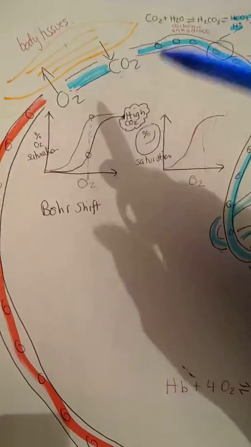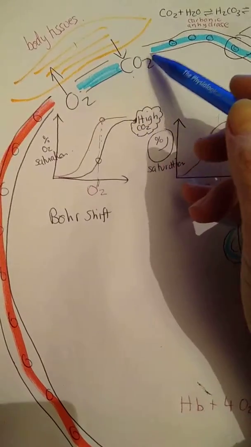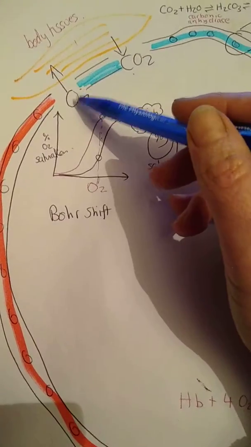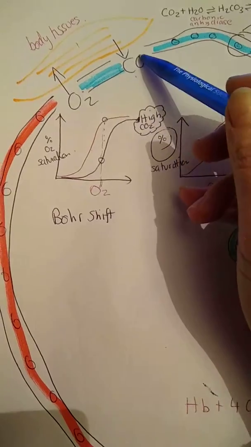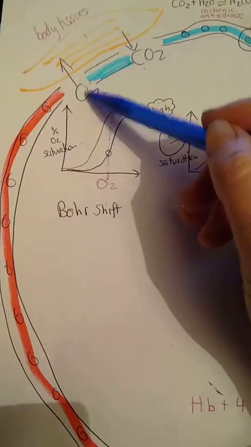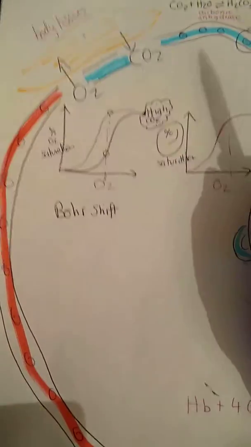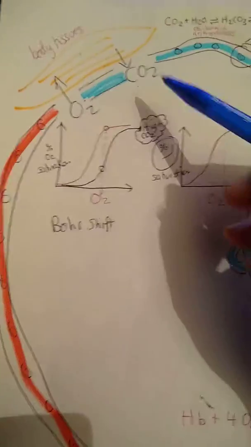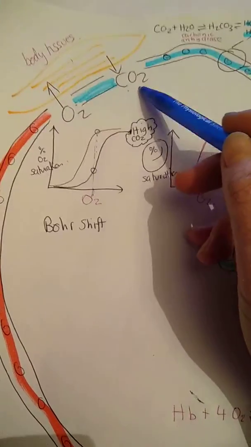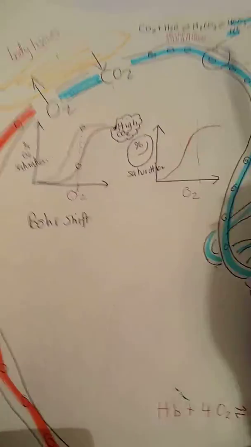So this is a really handy trick that the body has managed to evolve, because it means in areas of high carbon dioxide where we've got respiring tissues, the oxygen is offloaded and we make way for the carbon dioxide, for the carbaminohemoglobin and the hydrogen ions produced in this equation here.